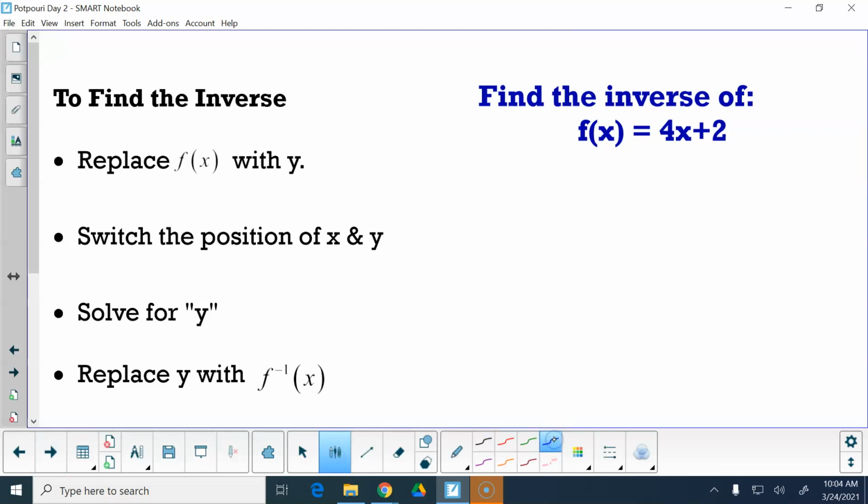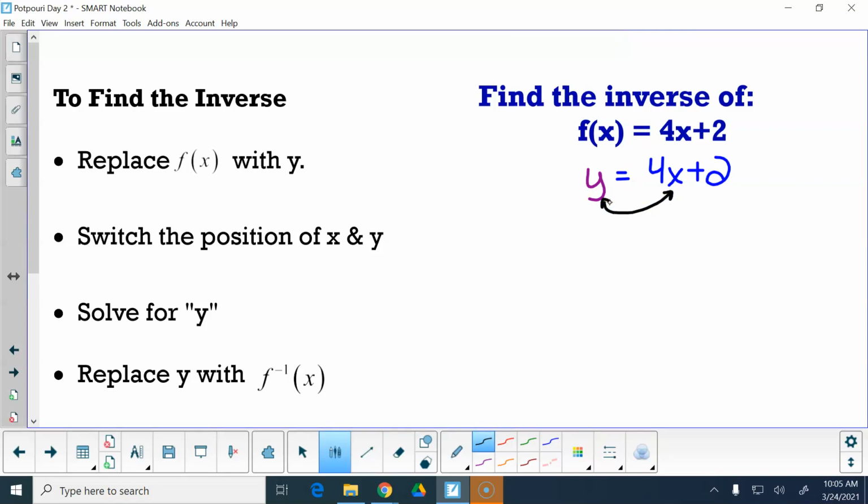So if my function is f of x equals 4x plus 2, I would make that y equals 4x plus 2. So that's the first thing that we do. If it's in function notation, we get it out of function notation and back into just equation notation. Then, the second thing you're going to do is switch the positions of only the x and the y.